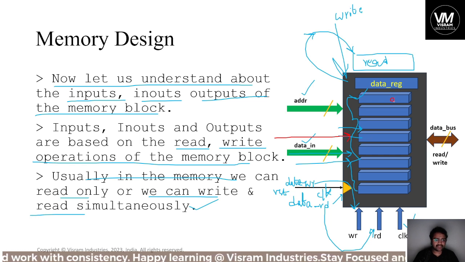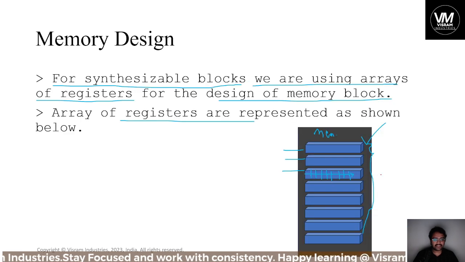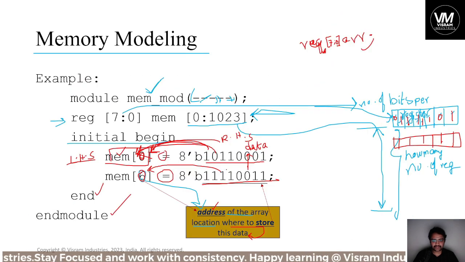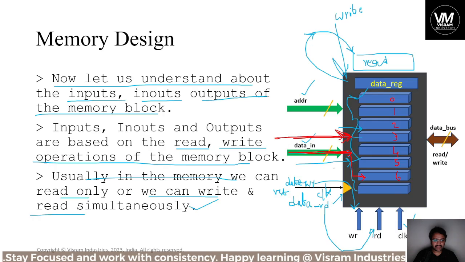For example, if it is 0, 1, 2, 3, 4, 5, 6. What am I doing? I am writing data. I am sending data through data bus and to the location number 6. And in the location 6, what data I have stored? 4 ones and 0011.